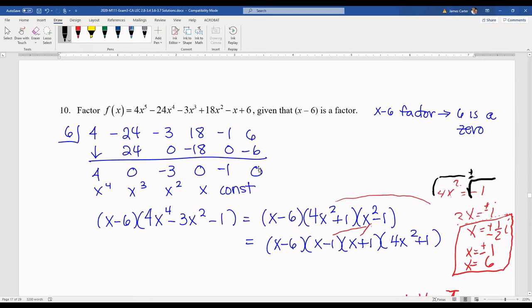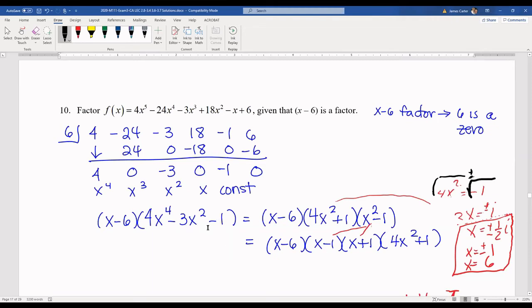That means then that yes, x minus 6 is a factor and positive 6 is a 0. So far we've factored this thing down into x minus 6 times this 4x cubed, no squared term, minus 3x, no x term, minus 1.